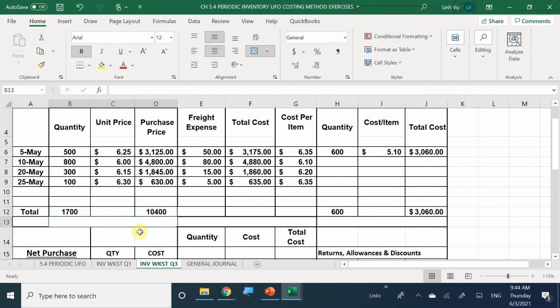What was my total freight? 150. Bringing my total cost to 10,550.